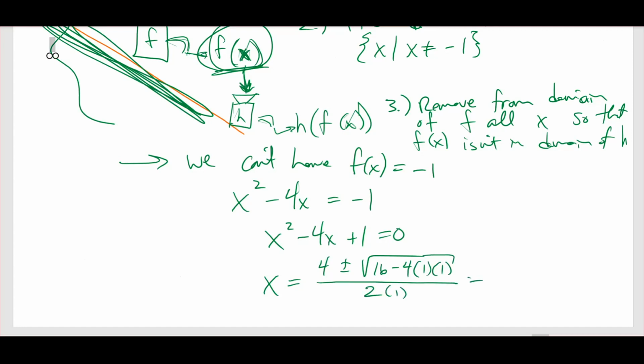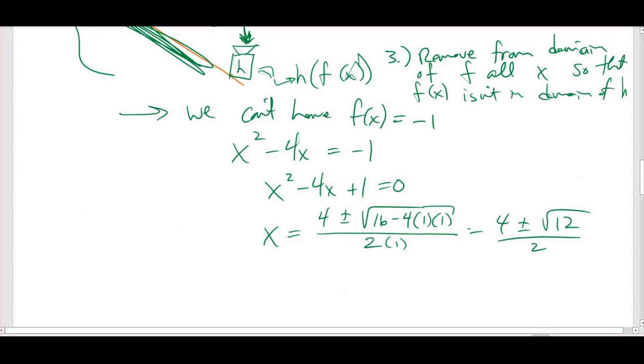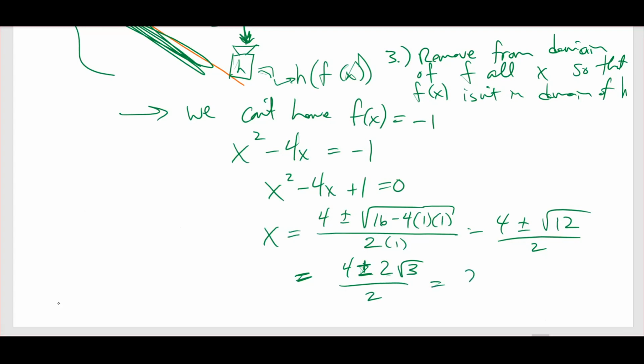And then we play the simplification game. We got 4 plus or minus the square root of 12 over 2. So that's 4 plus or minus 2 square root of 3, right, over 2. So this is 2 plus or minus square root of 3.